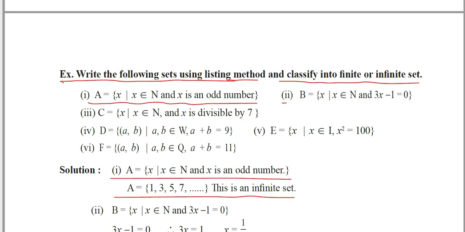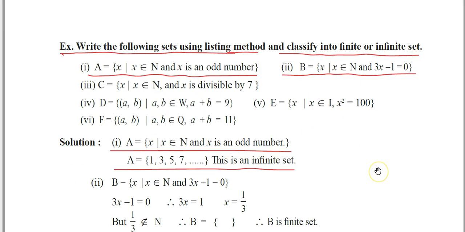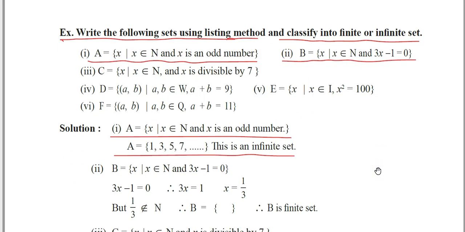Next is B is equals to in curly bracket x is such that x belongs to capital N and 3x minus 1 is equals to 0. Now we'll solve this equation. It's a very simple equation. 3x minus 1 is equals to 0. 1 पलीकडे गेला तो नेगेटिव्ह पॉझिटिव्ह होणार.